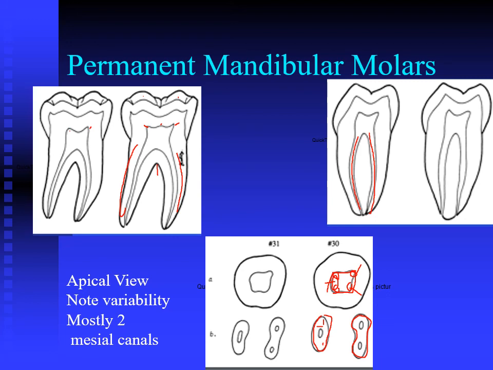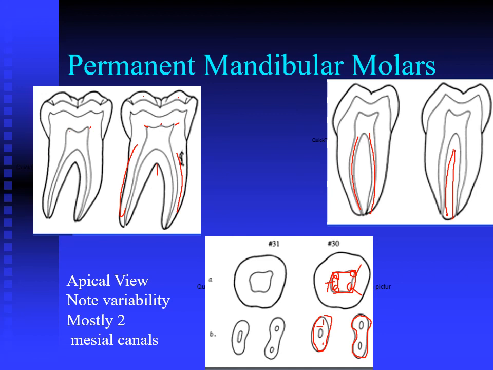So sometimes these roots will bifurcate in a buccolingual dimension as well, and you'll have 4 roots in place of just the 2 roots. So highly variable. Generally there will be 2 root canals in the mesial root, and 1 ribbon-shaped canal or large canal in the distal.